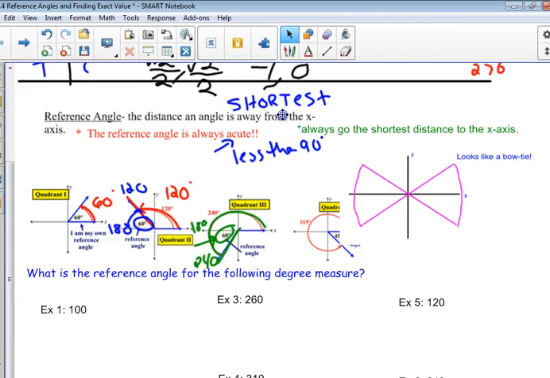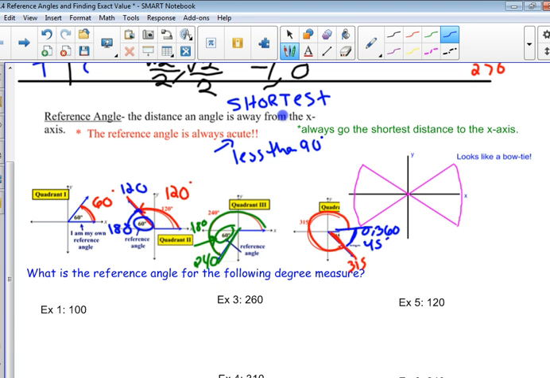This one graphs, it looks like 315 degrees, way over. So here's 315. Now, to get the shortest distance back to the x-axis, it's going to be way faster to get to the x-axis that's right here, rather than going all the way back. So here's your 360 or 0. What's the difference between those? 45. So 45 degrees is going to be our reference angle.